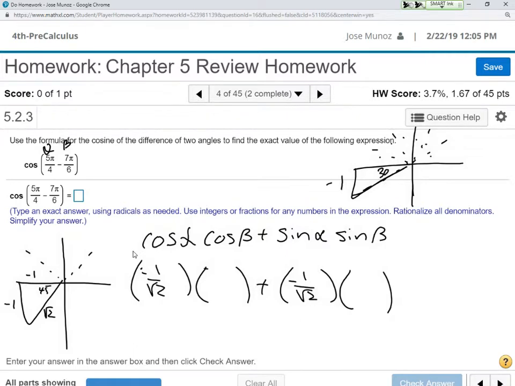That's 1, negative 2, negative radical 3. Oh yeah. That's opposite over hypotenuse. Is that right? Yeah, it is. So cosine is negative radical 3 over 2. And then sine is -1/2.